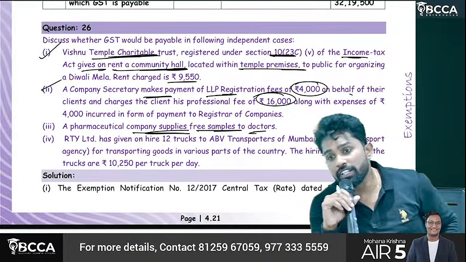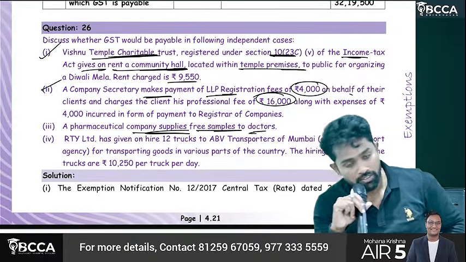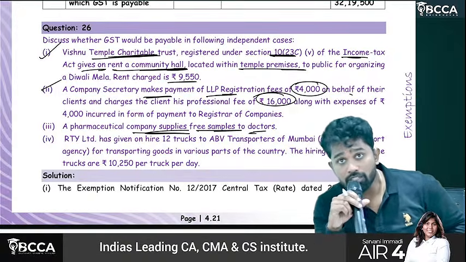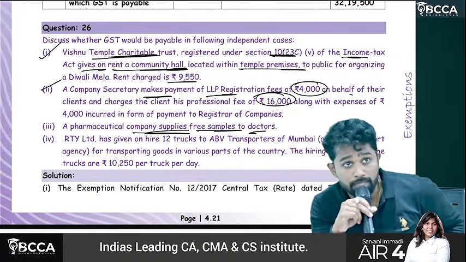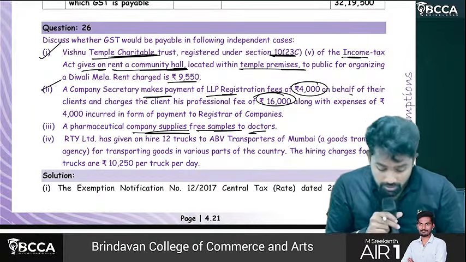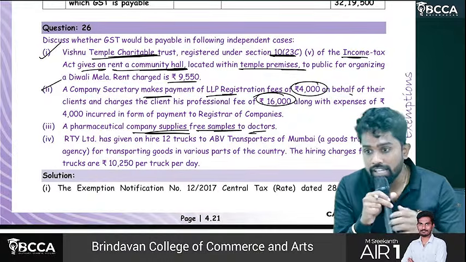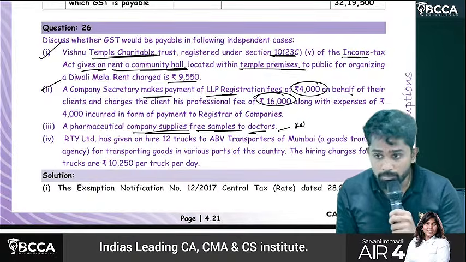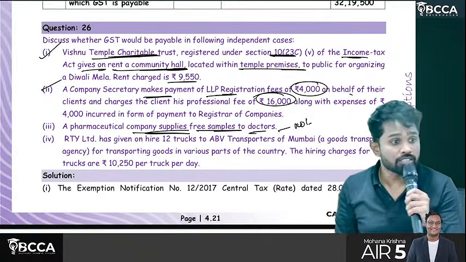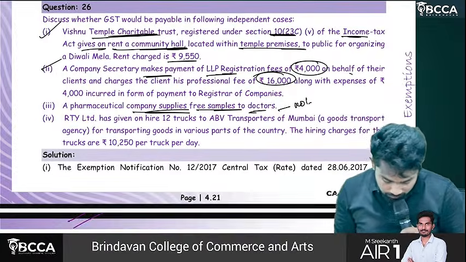Third one, between related persons or distinct persons. Then fourth one, permanent transfer or disposal of business assets on which ITC has been availed. Sir, free samples also permanent transfer only. But they didn't mention ITC has been availed. Hence it is not a supply. If they mention like ITC is availed, then you will treat it as what? Deemed supply as per schedule 1.